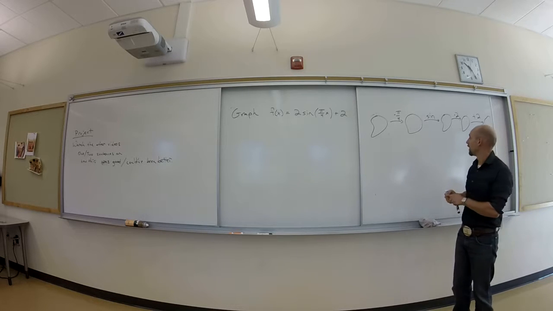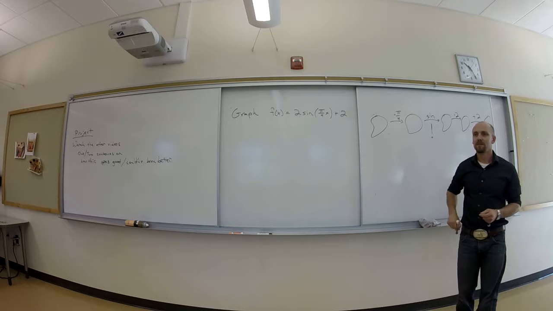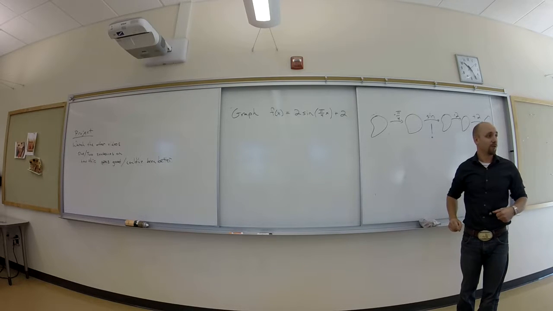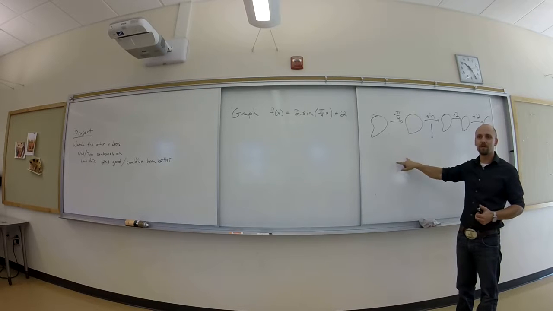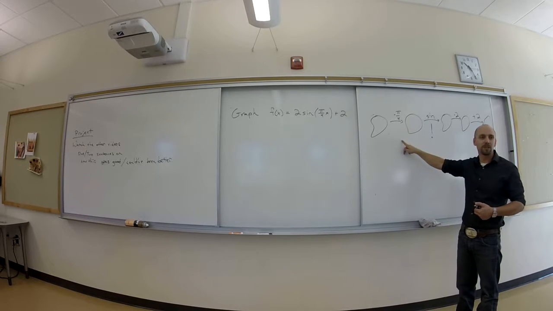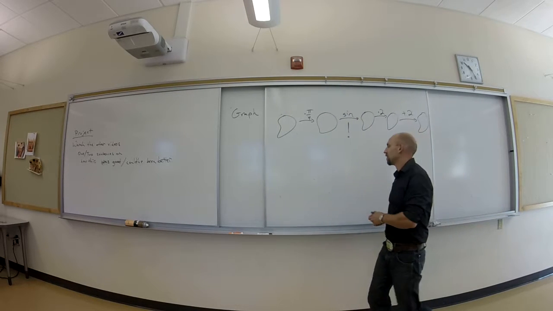Okay, so where's your rule? Sine. Sine's the thing I recognize how to graph. Good. So which things are happening before the rule? Multiplying by pi over 4. So I'm multiplying, which means I'm in what? Horizontal compression.